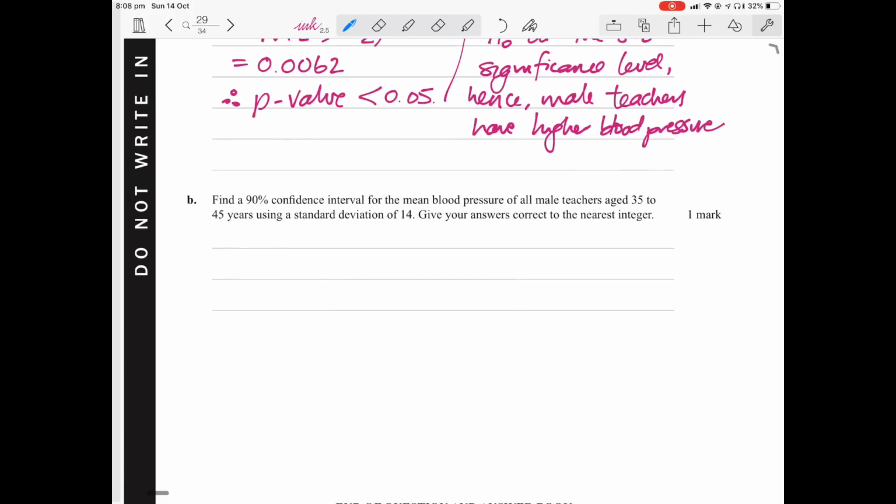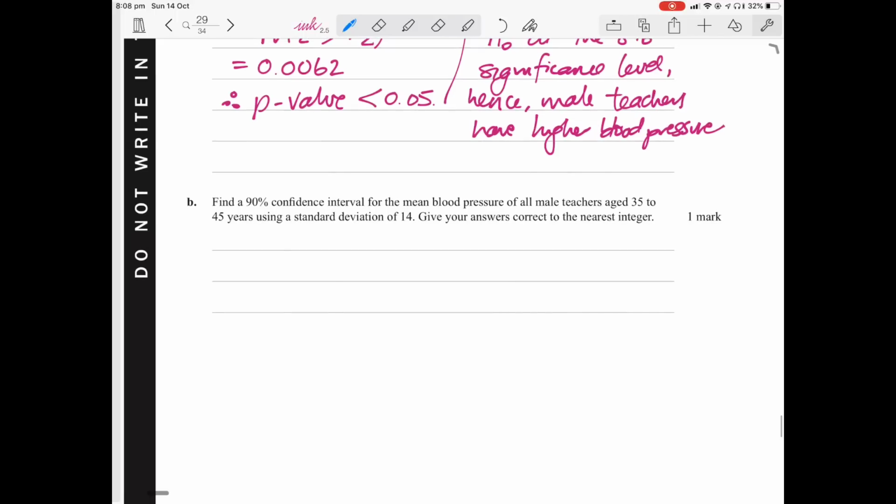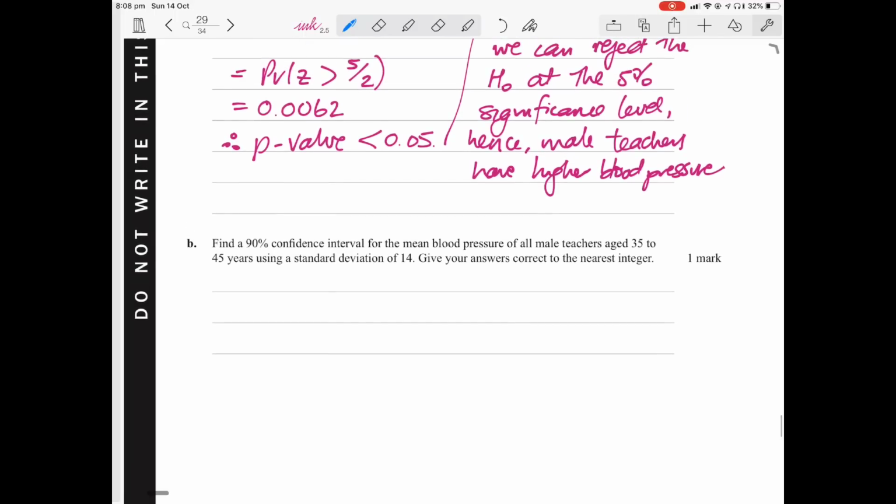Okay, find a 90% confidence interval for the mean of the blood pressure of all male teachers using a standard deviation of 14. So 90% confidence interval. Give your answer correct to the nearest integer. Okay, so mu is 133. Confidence interval for the mean blood pressure of all male teachers.